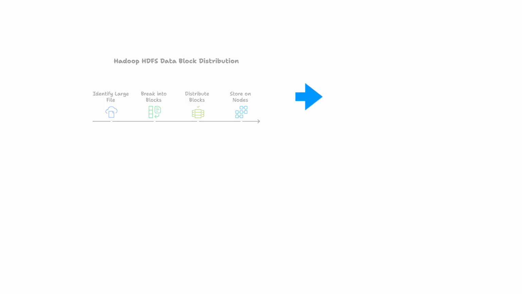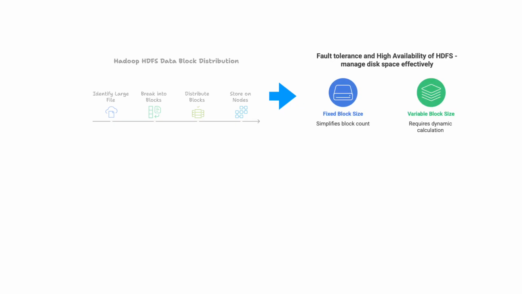The second one is fault tolerance and high availability of HDFS. The Hadoop framework can easily replicate the blocks between the data nodes, hence fault tolerance and high availability of HDFS is guaranteed. We have discussed this in the previous video.